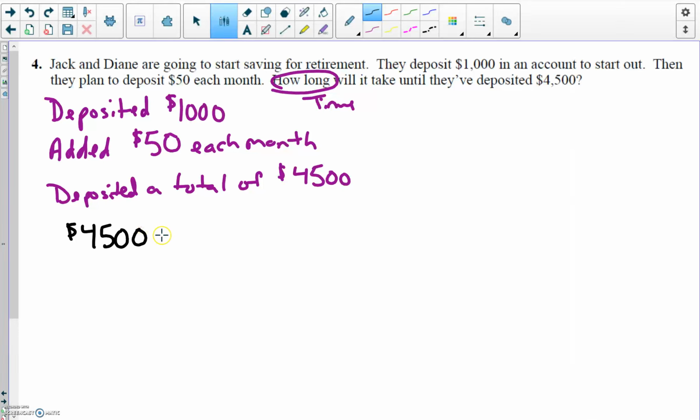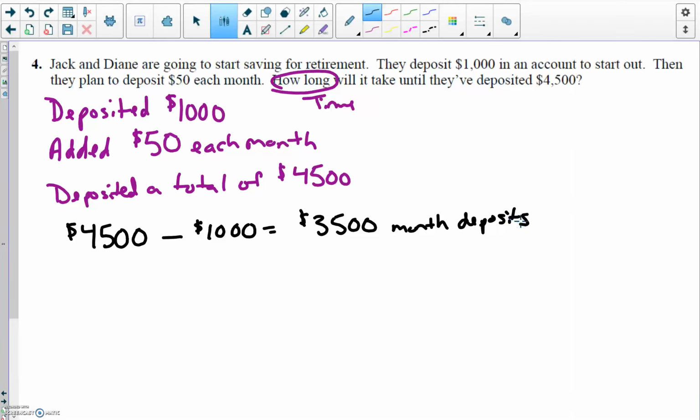So the extra 1,000 isn't a part of that. So I went ahead and subtracted the 1,000 off the bat, so I could see how much money they were accumulating just on monthly deposits. Taking off the 1,000, they must have earned $3,500 on monthly deposits alone to have reached that total of the $4,500.